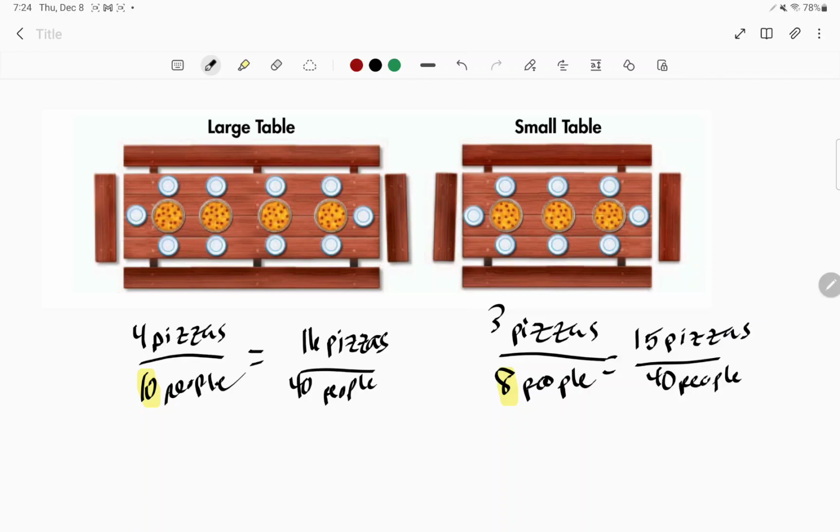So now you can see that the ratio 4 to 10 is a little bit bigger than the ratio of 3 to 8, because we changed them to equivalent fractions, and now they're easier to compare since they have the same denominators. So the large table is going to receive a little bit more pizza than the small table overall per person.